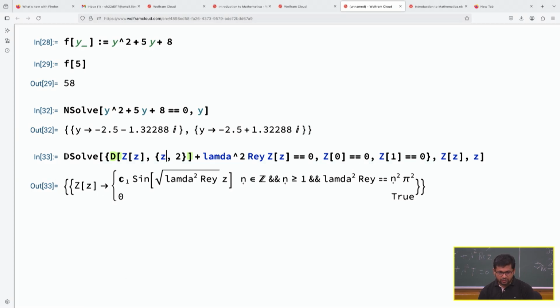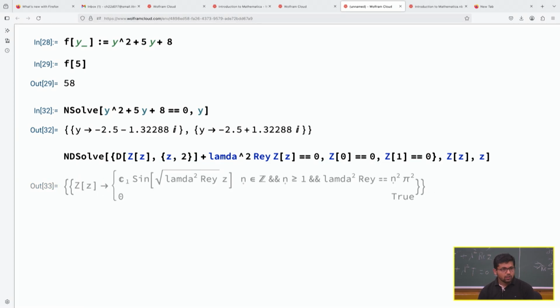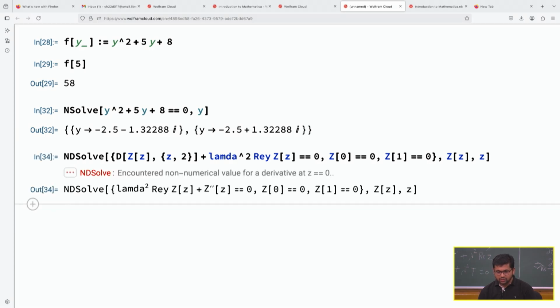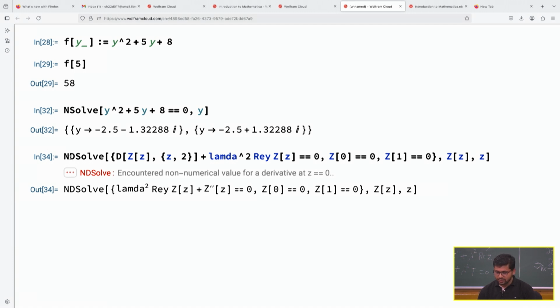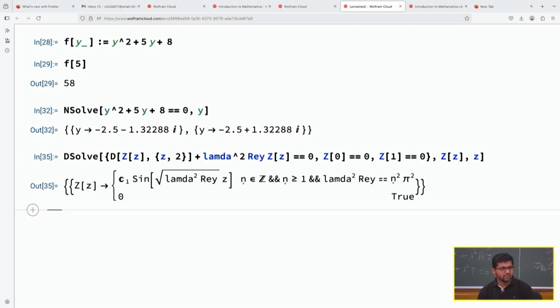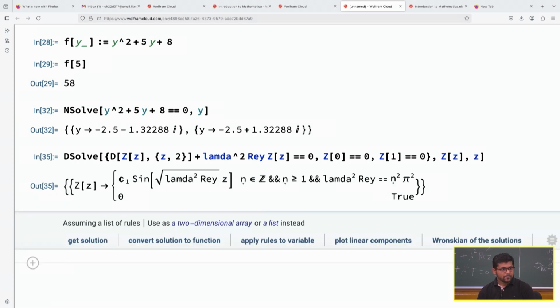Even in Mathematica, if I use the NDSolve solver, it will say that it has a non-numerical value, because when it solves numerically, the algorithm takes the shortest path and tells you that 0 is always a solution, whereas analytically you can see that it has another solution in the form of a sine function, and you can verify it by doing the calculation by hand also.